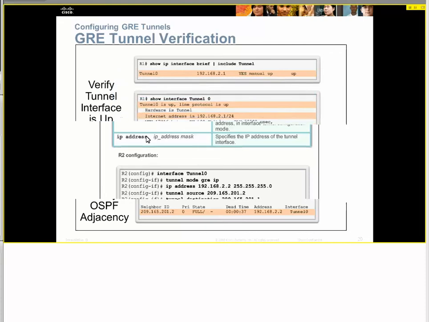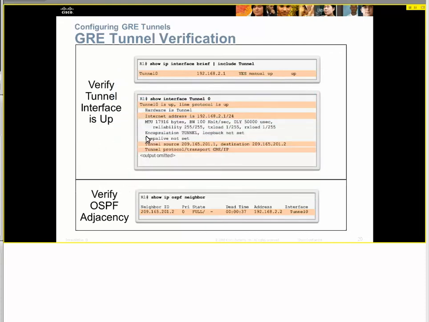To verify a GRE tunnel, there's a couple of commands. Show IP interface brief. Remember, you've created a new interface, a virtual interface, kind of like what a VLAN is to a switch. It's a virtual network. If you show your tunnel, it will show you the name of the tunnel. It will show you the IP address assigned to your end of the tunnel.